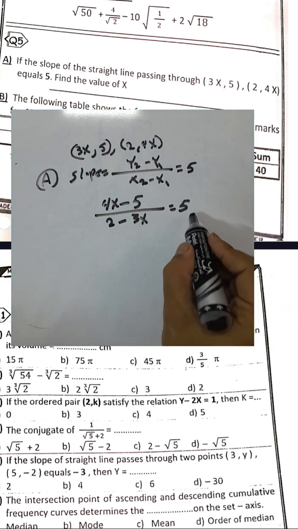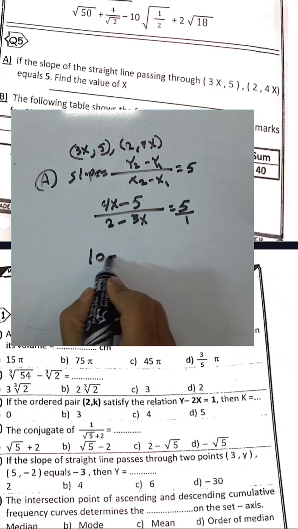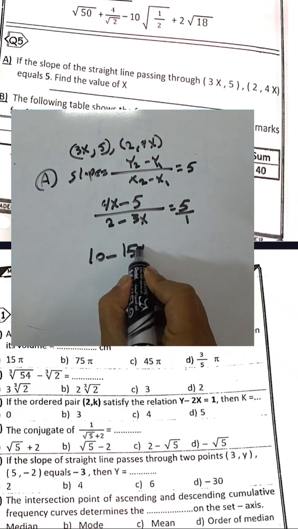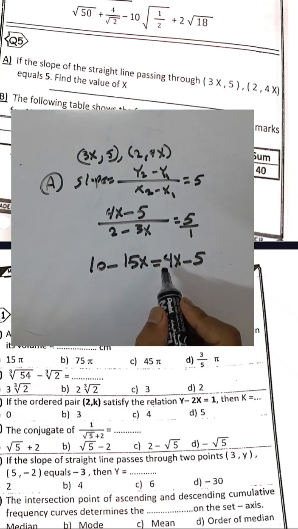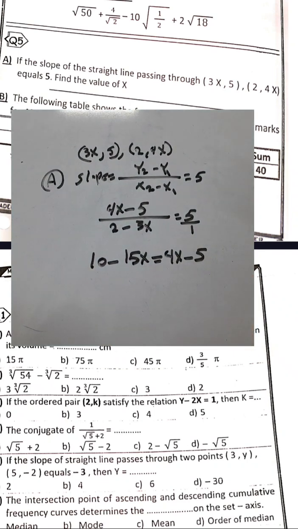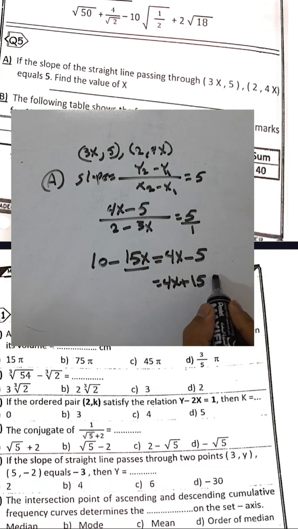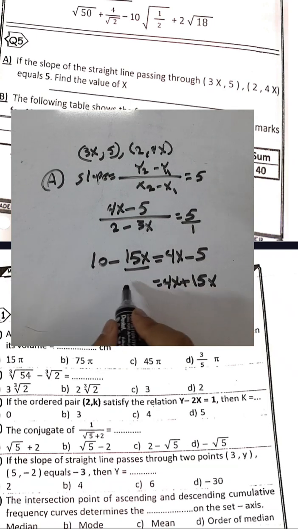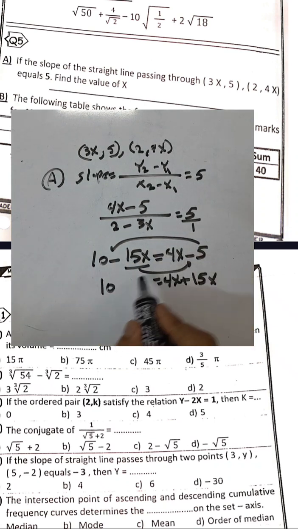You can use the rule, the product of extremes equals the product of means. 5 times 2 it will be 10. 5 times 3 equals 15. 1 times 4x will be 4x. 1 times negative 5, negative 5. And then you can move the negative 5 here. It will be 4x plus negative 15, move to here, it will be positive 15x. And write 10 here and move negative 5, it will be positive 5.